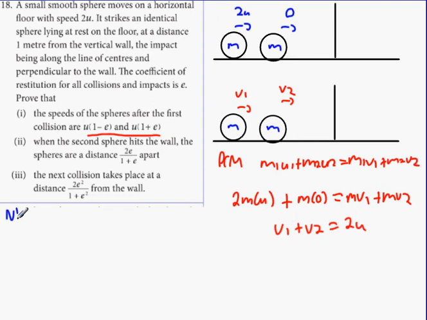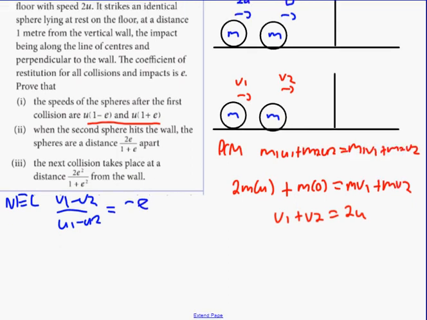Next thing you're going to go to is NEL, which is V1 minus V2 over U1 minus U2 equals minus E. Now, V1 minus V2, does it tell us what E is? No, it doesn't. And on the bottom we're going to have 2U minus 0.